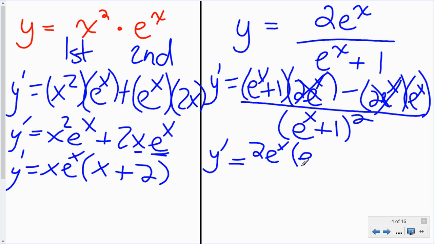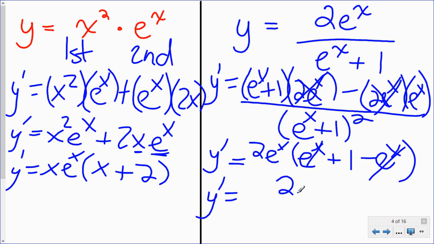So that's going to leave us with e to the x plus 1 minus e to the x. Now notice the e to the x's are going to add to 0, and so we end up with 2e to the x times 1, which is just 2e to the x, all over e to the x plus 1 squared. So our final answer is just going to be 2e to the x all over e to the x plus 1 squared.